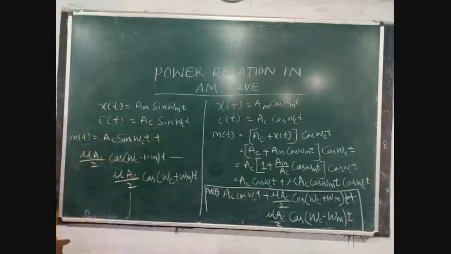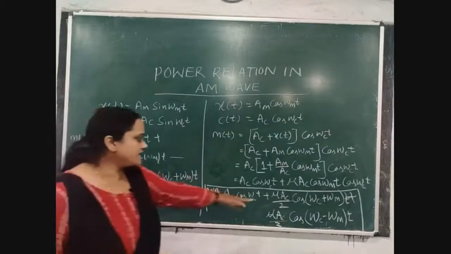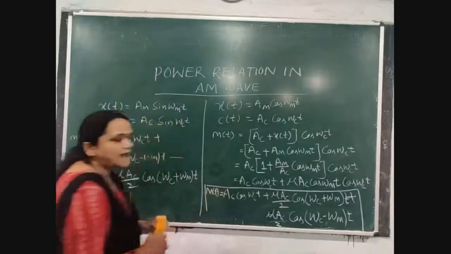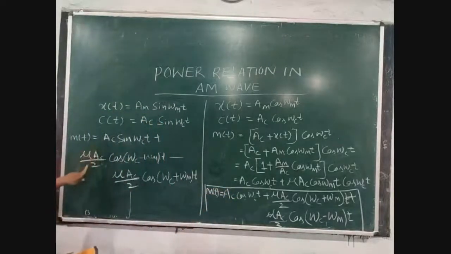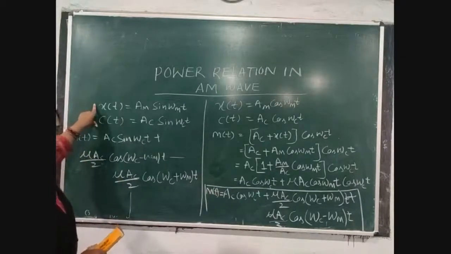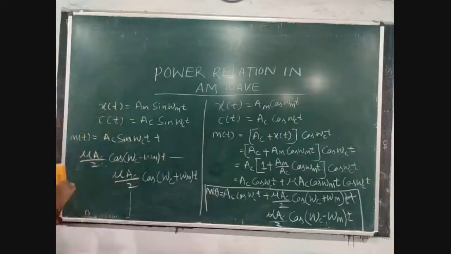If we compare these two equations, we can see the frequency components present here and in this equation are the same, and the amplitude values in both equations are also the same. So we can derive the amplitude modulated signal using either of these two equations.